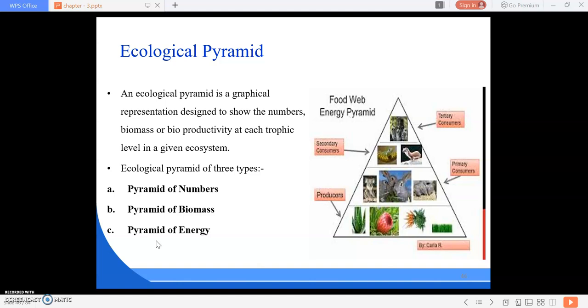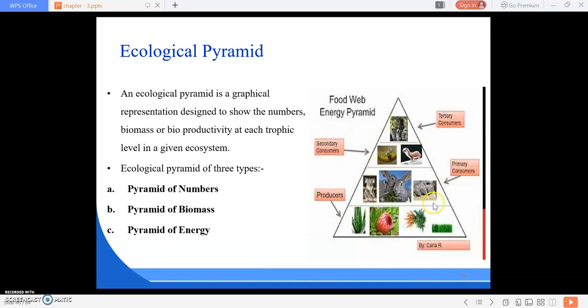This relationship may be represented in diagrammatic, graphic ways and is referred to as an ecological pyramid or Eltonian pyramid. It is of three types: pyramid of numbers, pyramid of biomass, and pyramid of energy.